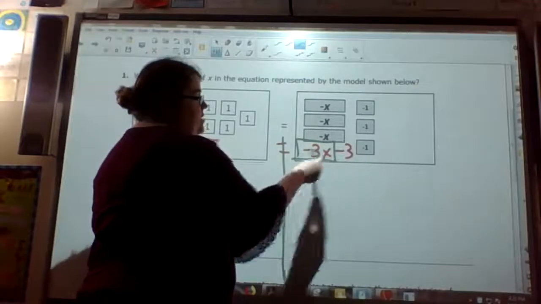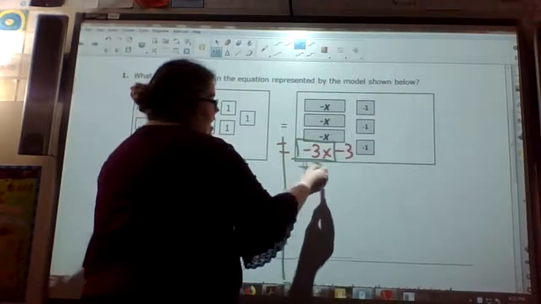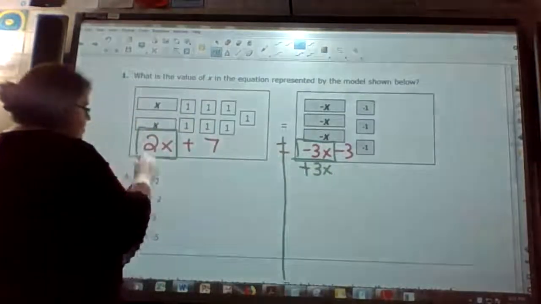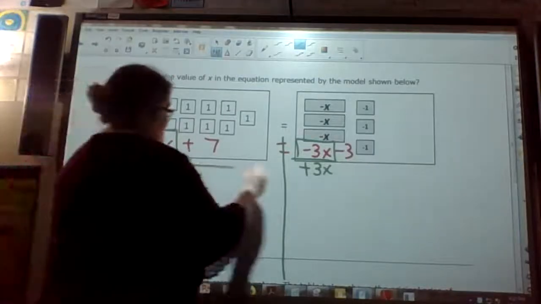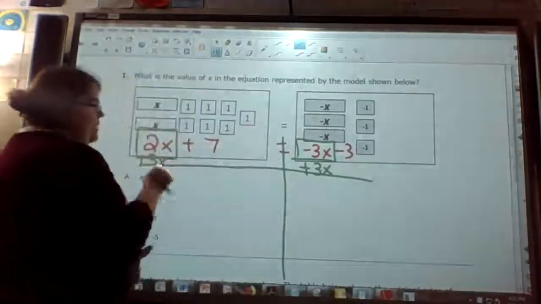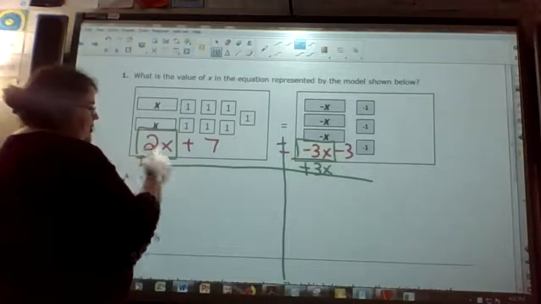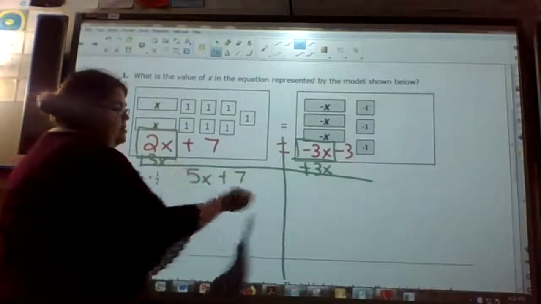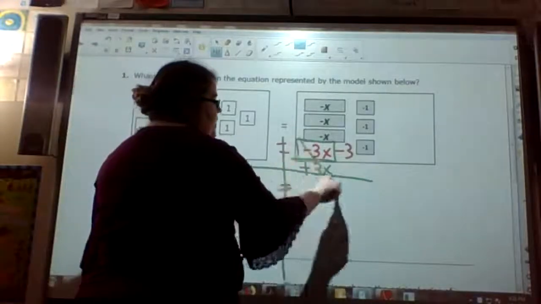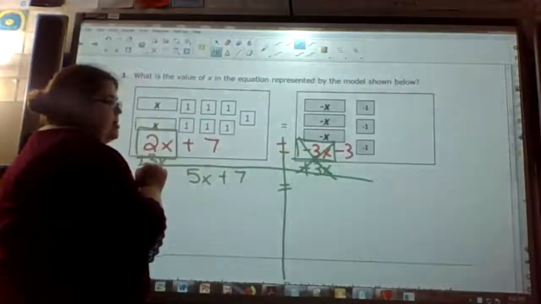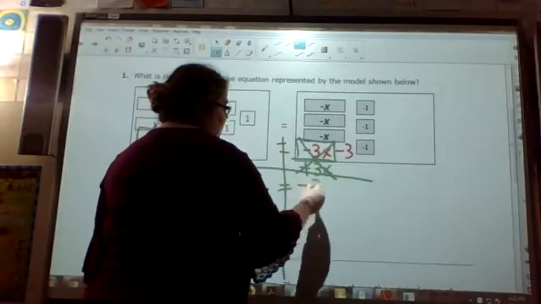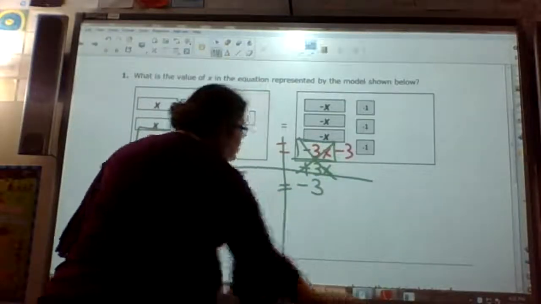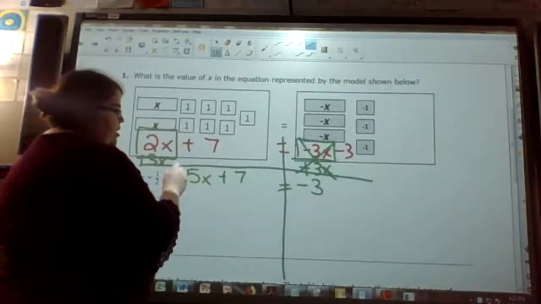So instead of subtracting 3x, I would add 3x to both sides. What I'm left with is 2 plus 3 is 5x. I still have 7, but my 3x's are gone on the right side. I'm just left with negative 3.